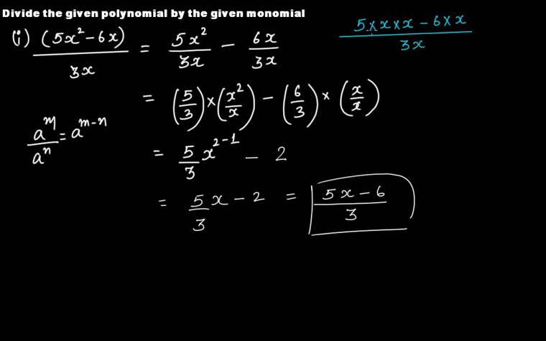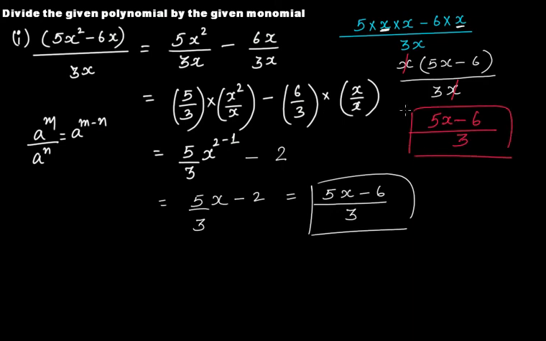Now using the common factor, that is x, take x outside the bracket, you get 5x minus 6 divided by 3x. Now this x gets cancelled and you have 5x minus 6 by 3. So the two answers are the same, right? So whether you follow the concept of common factor, or you separate the denominator and the numerator, you get the same answer.